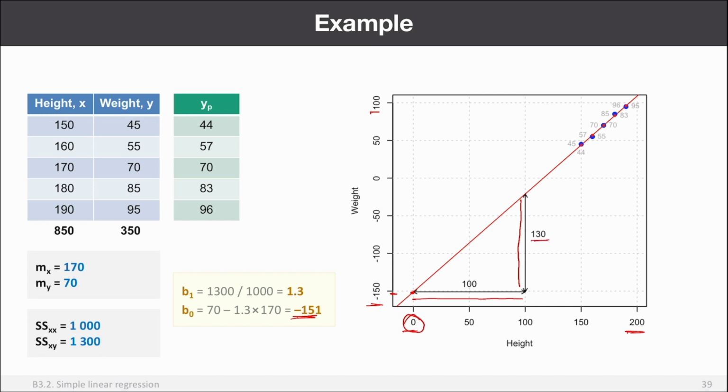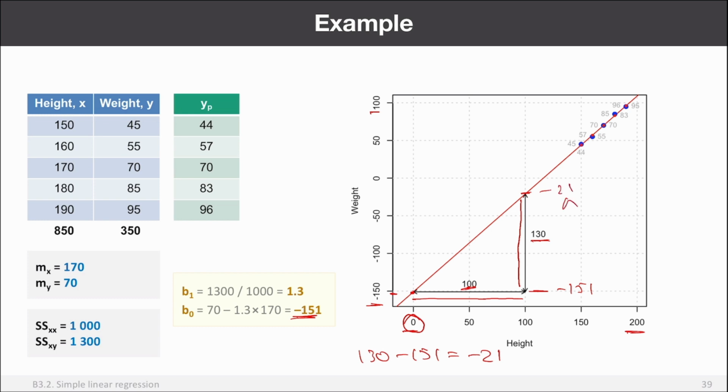You can see this is 130, this is 100. Because you remember why this is 130. You remember this is minus 151, right? And what is this? This is what you have y equal to if x equal to 100. If x equal to 100, then it will be 130 minus 151. It's equal to minus 21. So this y is minus 21.